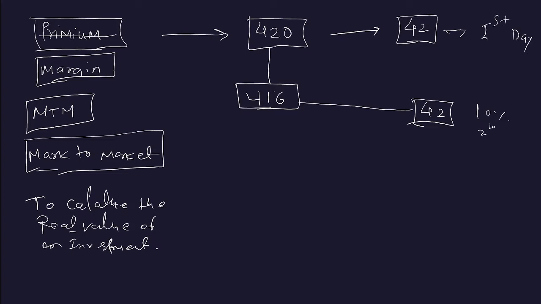The second day was a bad day and the price tanked, and now the current market price is around 416. So there will be a change in margin, and the current margin in your account, if you minus 4, would be around 38.